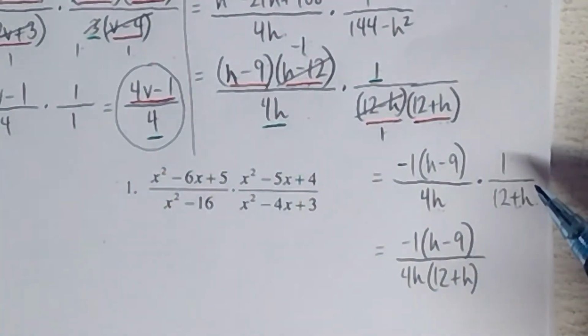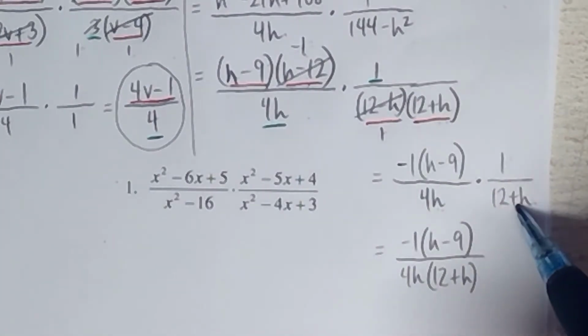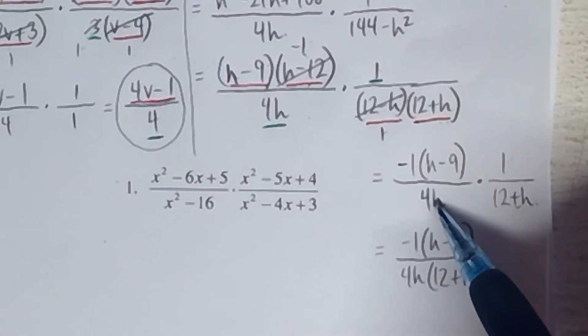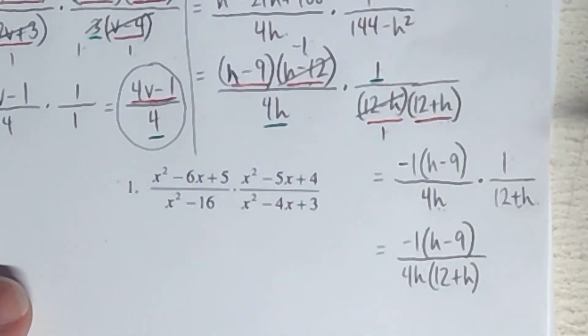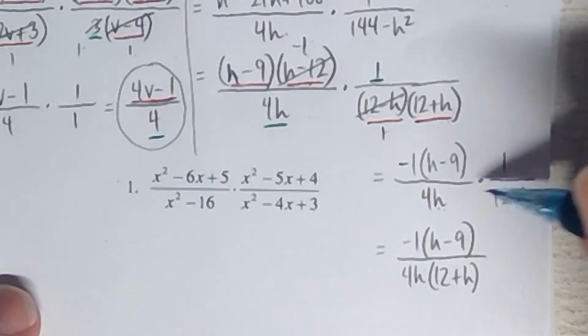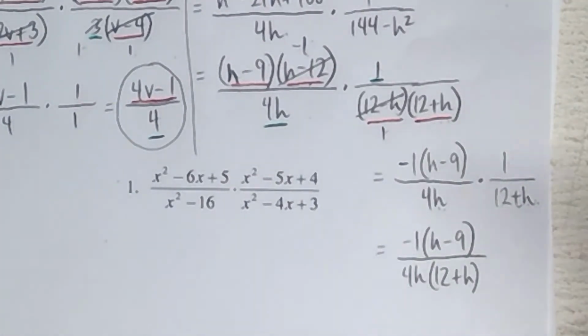Anytime, and I'm sure I've said this before, but let me say it again carefully, anytime you have something with more than one term in it and the whole thing, in this case the whole denominator, needs to be multiplied by something else other than the number 1, then you need to bracket that. And so that's why I bracketed these two terms here. So the numerator or denominator, if they have more than one term and you're multiplying it by the other numerator or denominator, you have to bracket that.